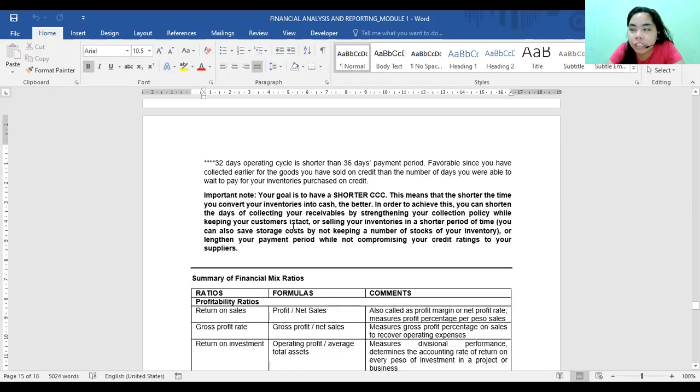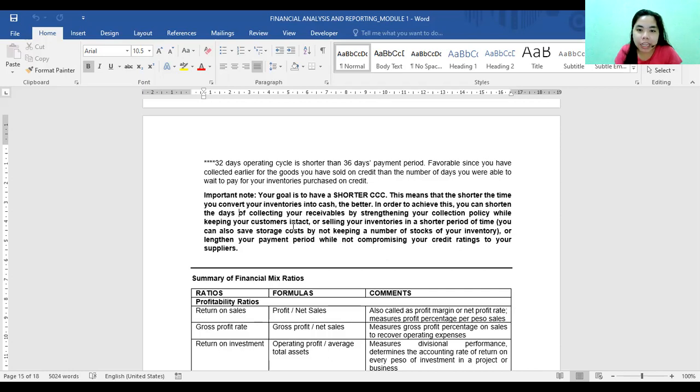So cash conversion cycle, it's from when you sell on credit, from inventory. You bought inventory, so you have your inventory, then you sold the inventory, for example on credit, up to when you collect the payment for the inventory you sold. So that is the cash conversion cycle.